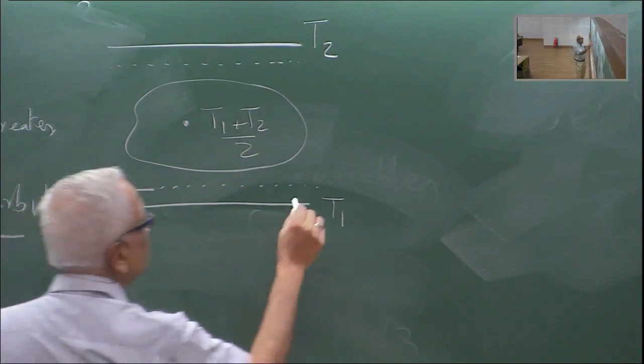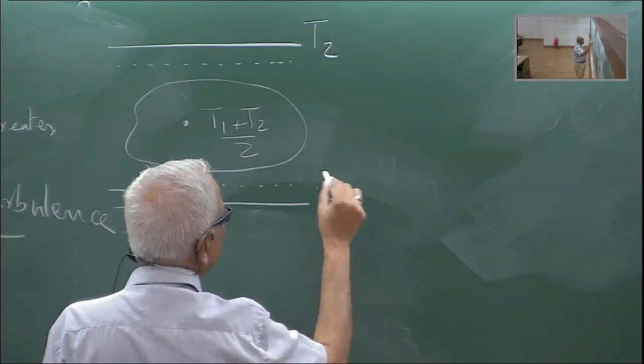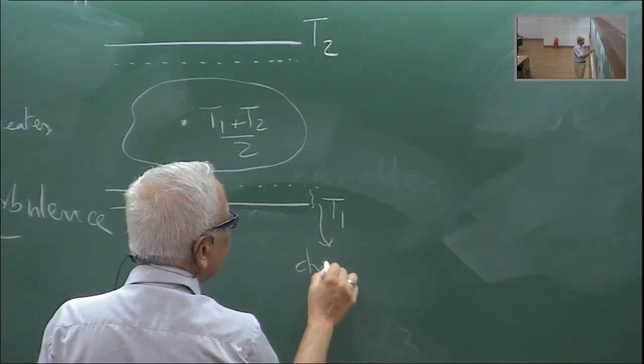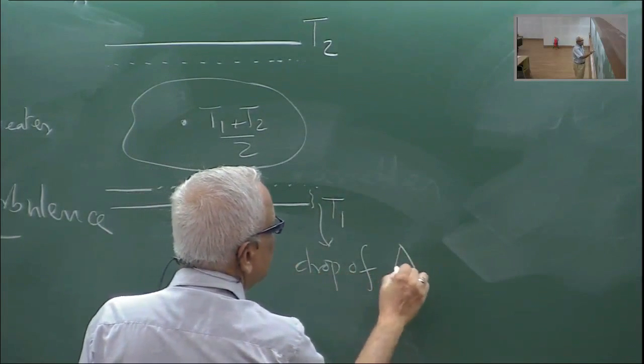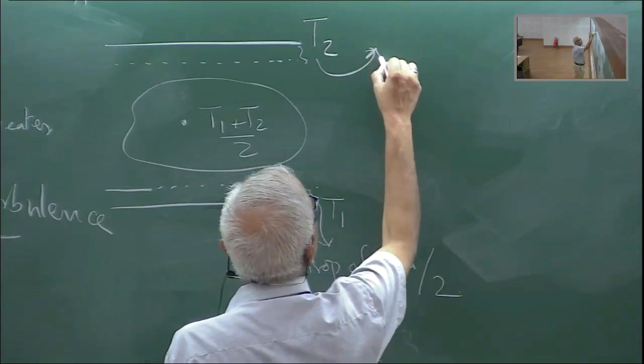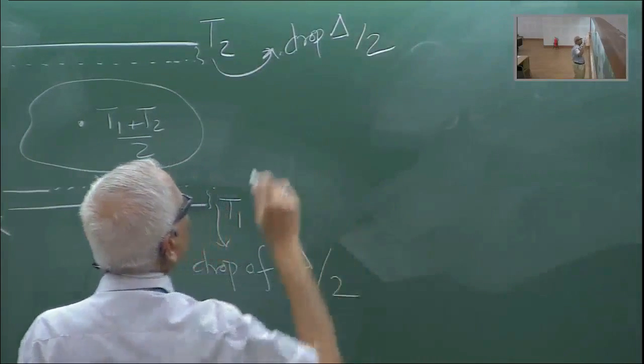And so if you call this delta, the temperature difference, there is a drop of delta by 2 over here and a drop of delta by 2 over here.